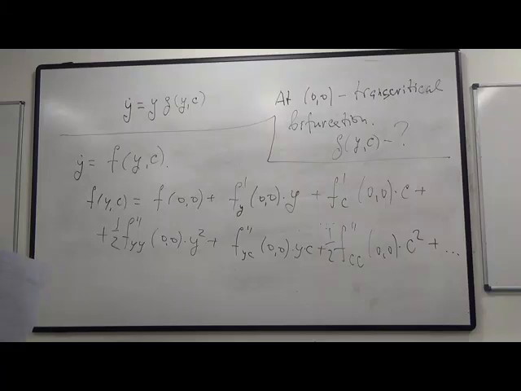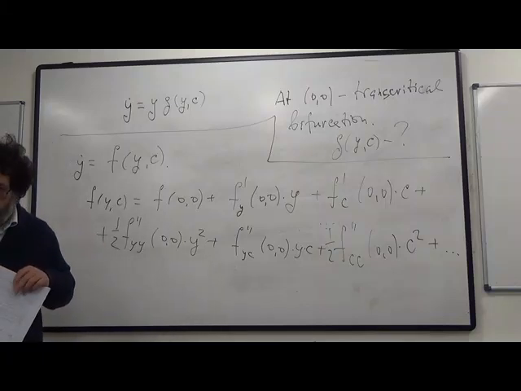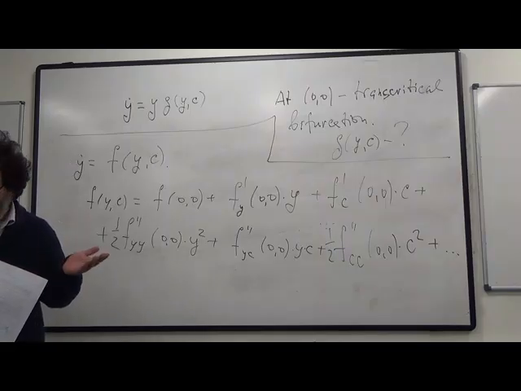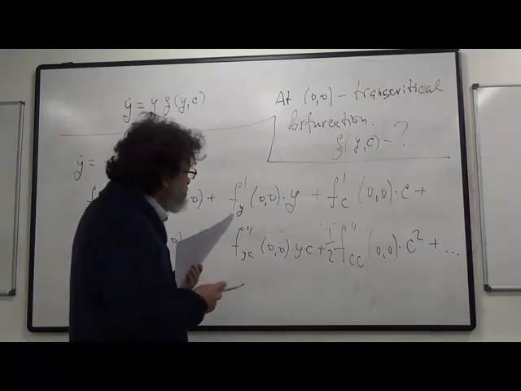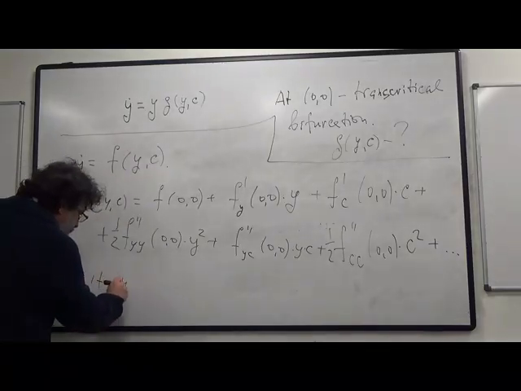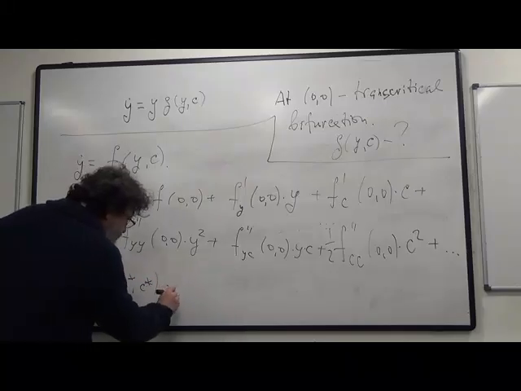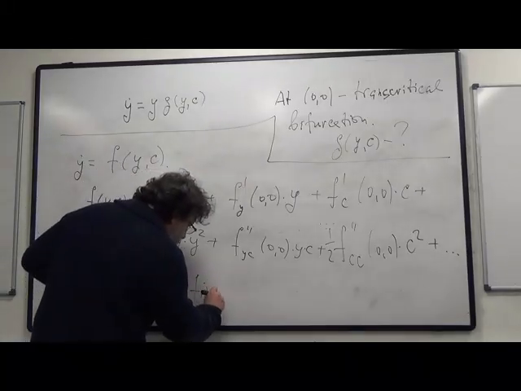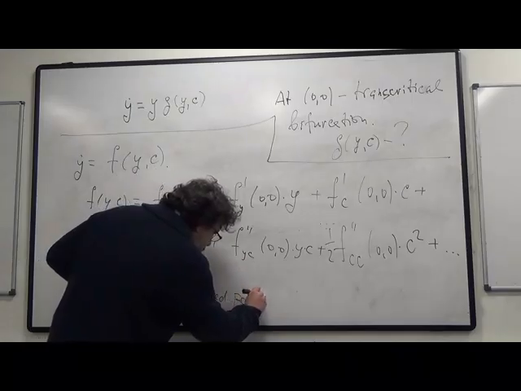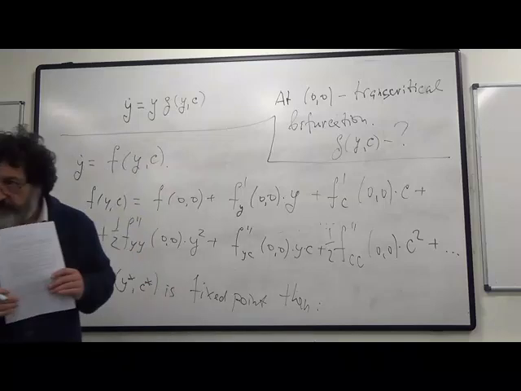From the fact that 0, 0 is a fixed point, we conclude what? If y star, c star is a fixed point, then what? Any idea?